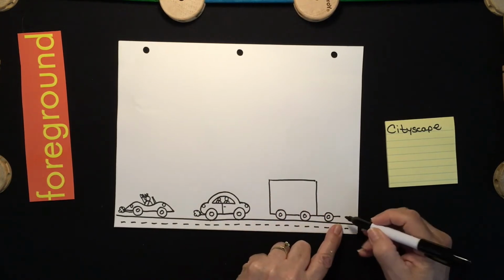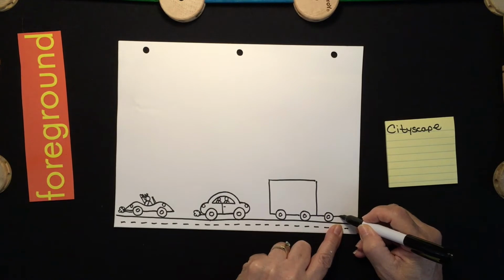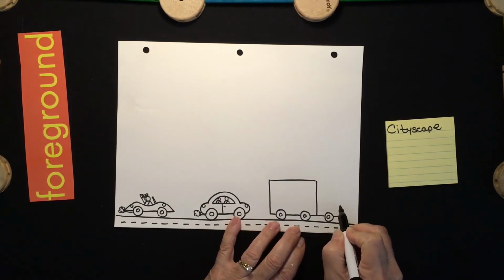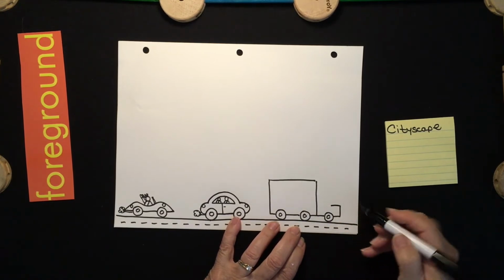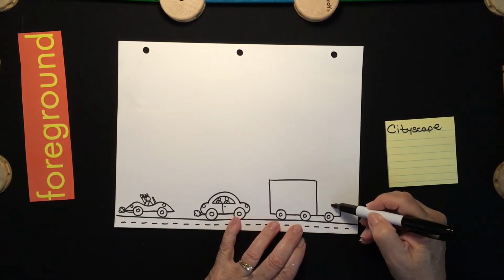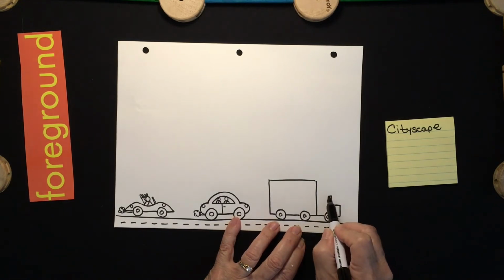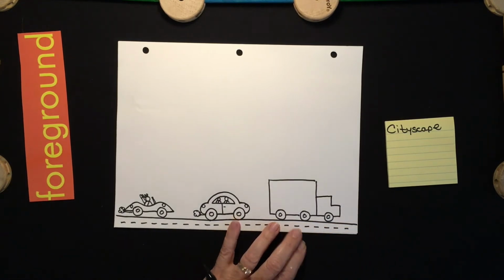Next I'm going to go to the front of the truck and make a short, straight, vertical line that goes up, a short, straight, vertical line that goes back, a short, straight, vertical line that goes up, and a short, straight, vertical line that goes back and touches this rectangle, like so.